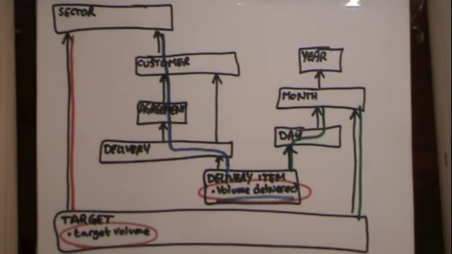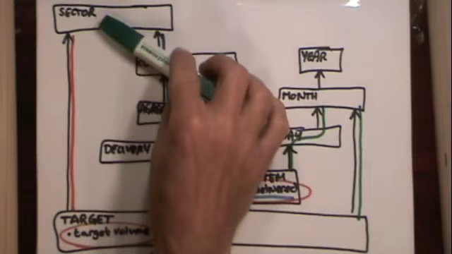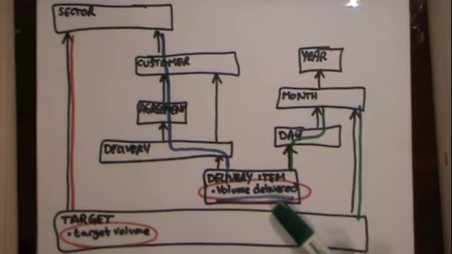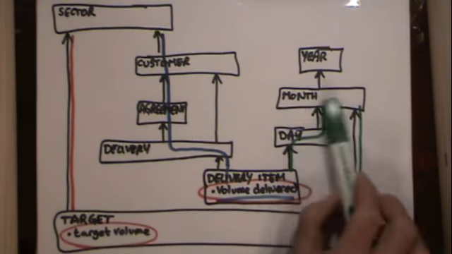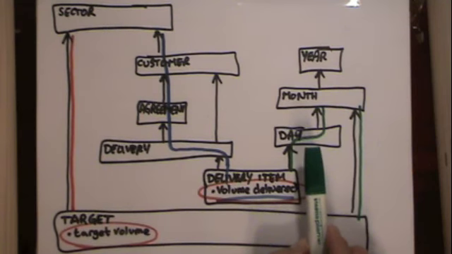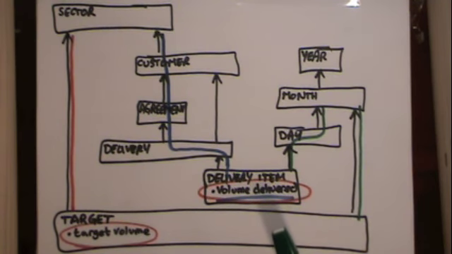So in summary, what I've done here really is to use the conceptual model and the business terminology on it to have a discussion with the sales director, so that we can firstly clarify what the sales director means when he says actual against plan, that we can unambiguously state which sector we're using for the actual volume delivered, to compare against the target volume for that sector, and the granularity in terms of the time that's being used to display the data on the report.